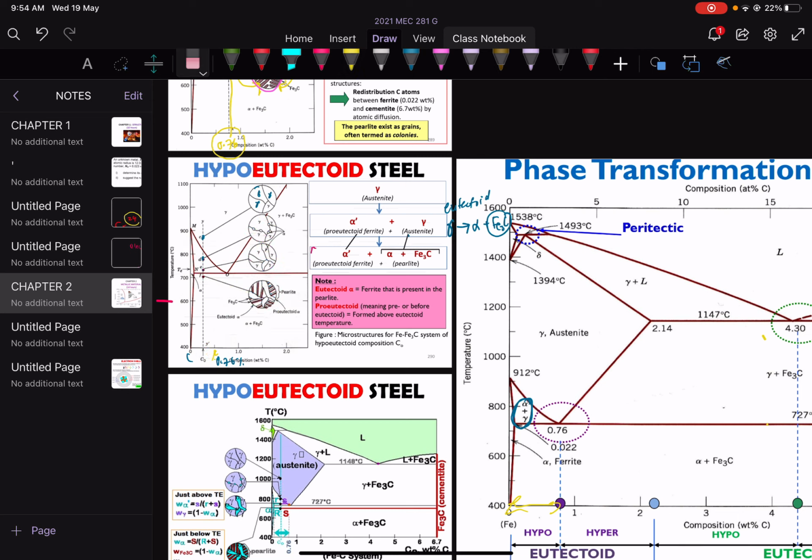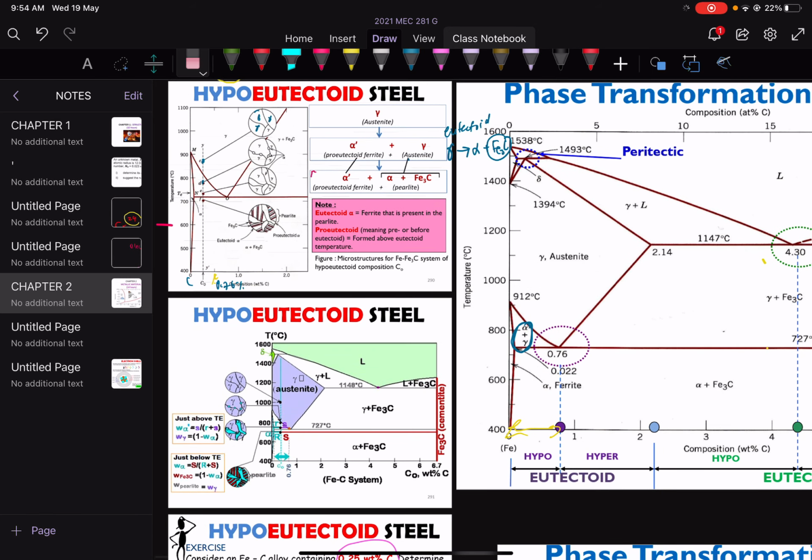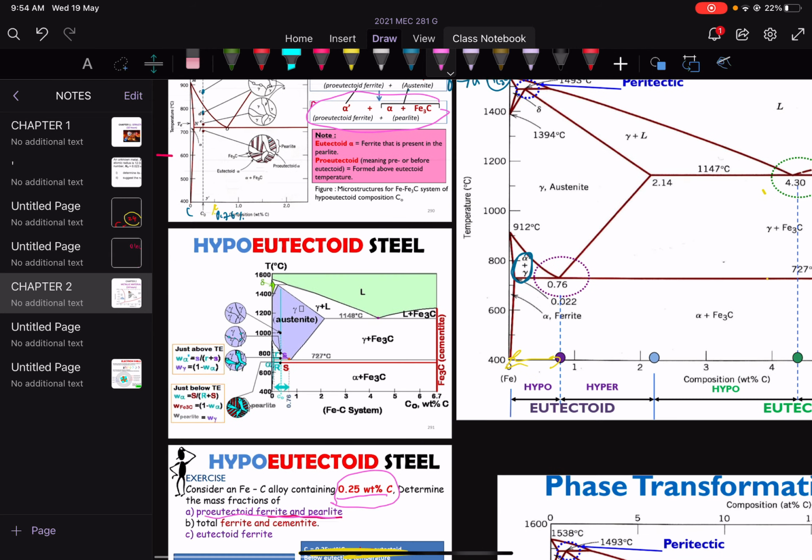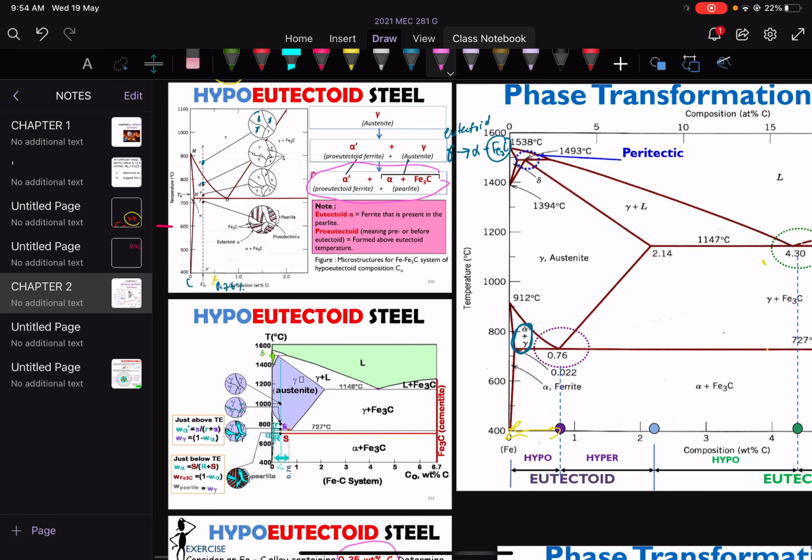Do we need to take into consideration below the eutectoid temperature in order to find the pro-eutectoid ferrite and pearlite?